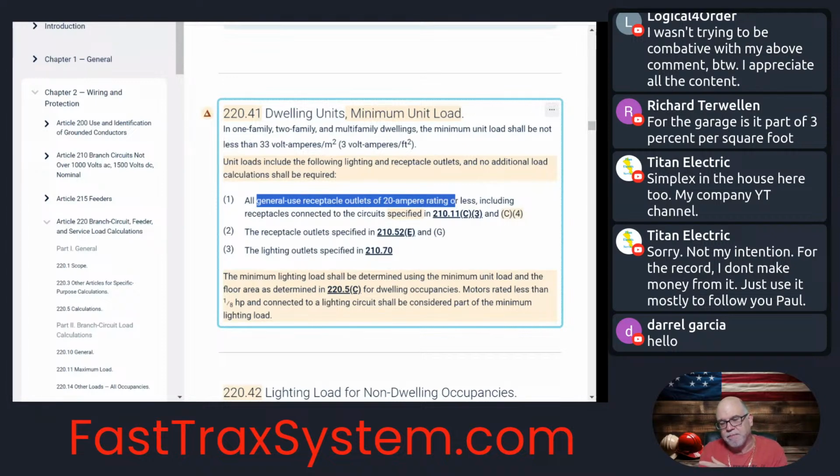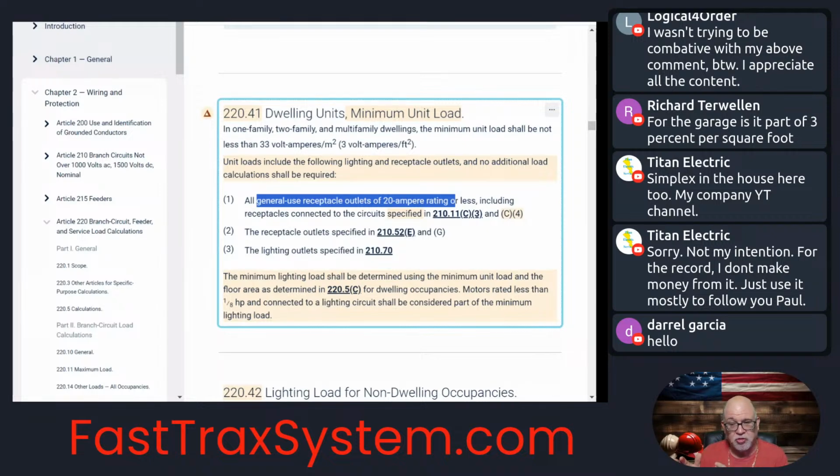If you account for the unfinished basement, that is very much factored into the 3 VA per square foot. So if a customer ultimately wants to add some additional receptacle outlets in a basement, that's not going to increase the service load. We don't have to refigure that, because that square footage is included in your original 3 VA per square foot.